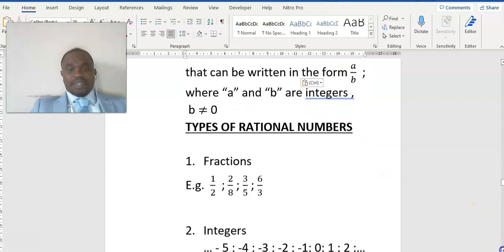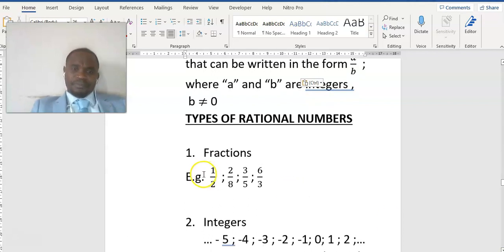Types of rational numbers. We have fractions, like this, a over b. These are fractions. Remember, we have two types of fraction. When we were in grade 7, we learned fractions, improper fractions, proper fractions. We are not talking about that one here. We are talking about all the fractions, both improper and proper.